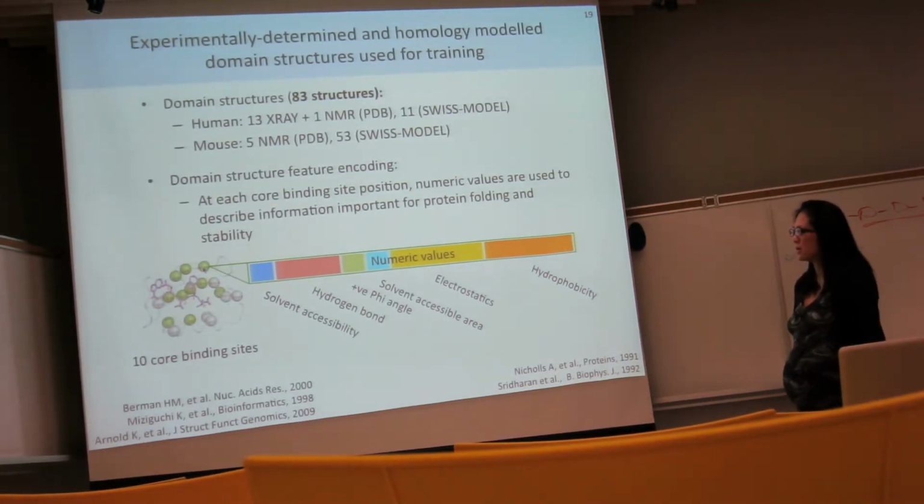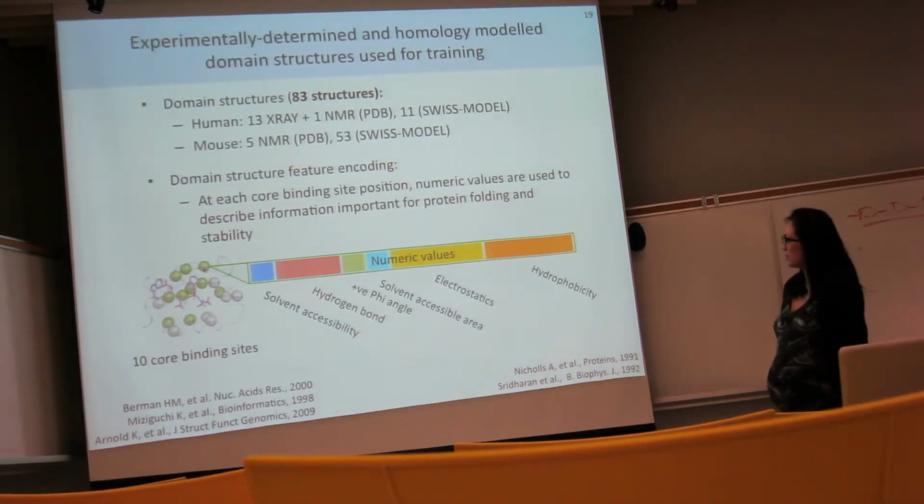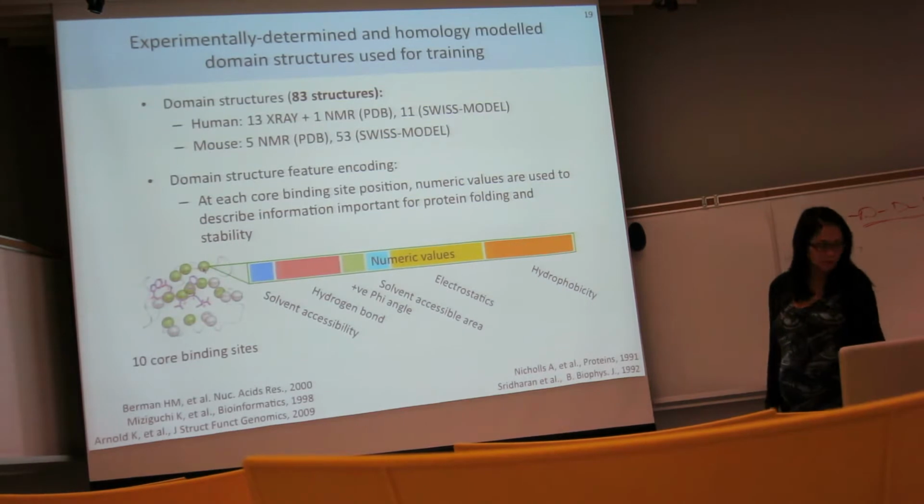These 10 core binding sites were defined by 9 different PDZ domain-peptide complex structures. The information that we extract or encode for these different positions includes solvent accessibility, patterns of hydrogen bonding, and electrostatics, etc.